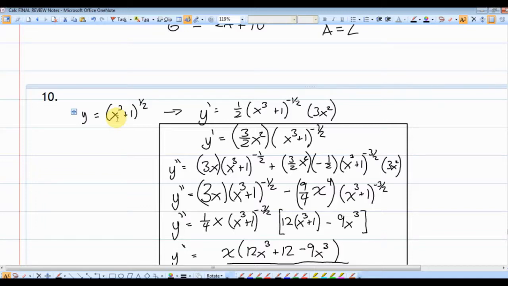This question gives a y coordinate after x amount of time. So if we want to find the acceleration in the y direction, we're going to need two derivatives.